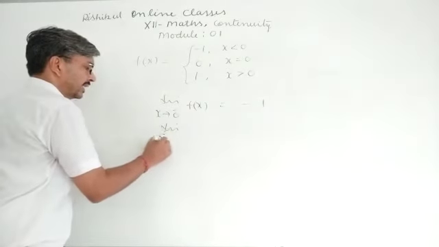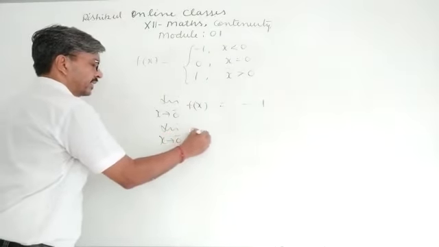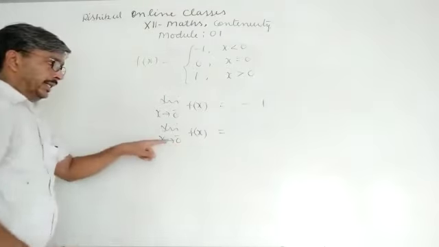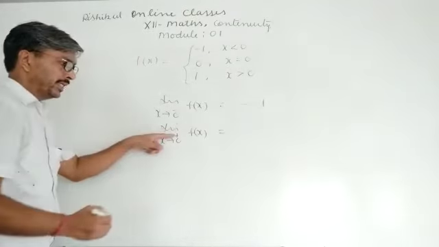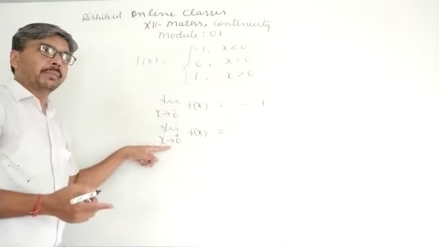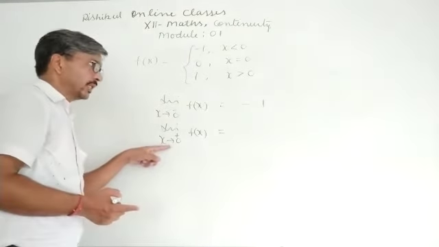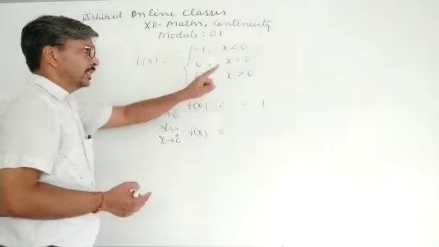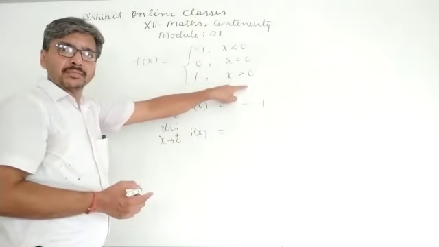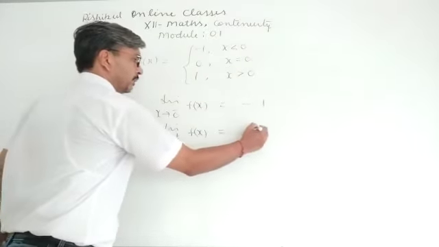Limit x tends to 0 plus f(x), x tends to 0 positive means right limit. Right limit means when the value of x is greater than 0, and that is here, the value is plus 1.